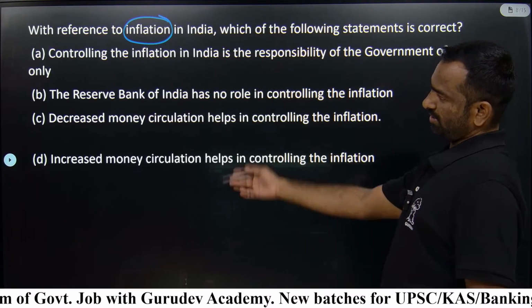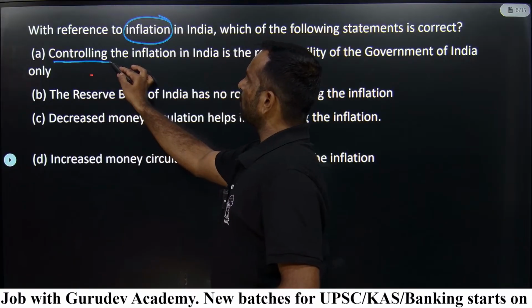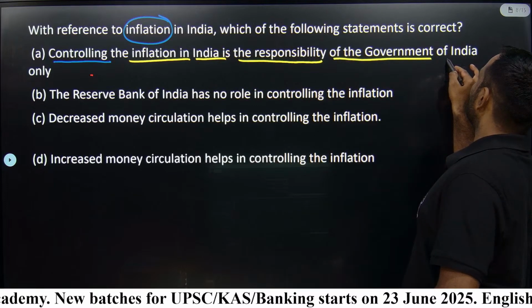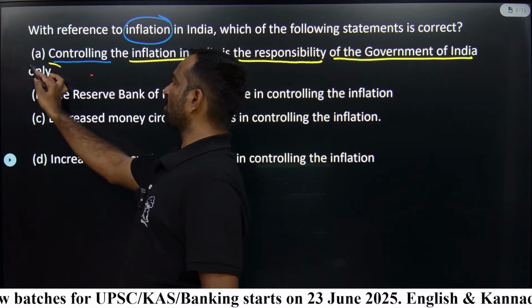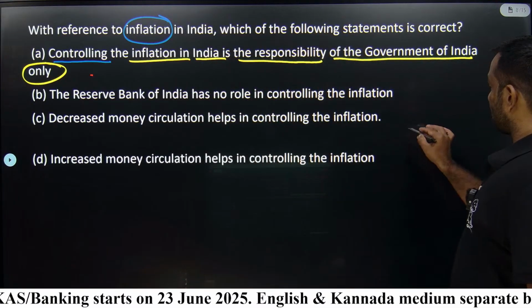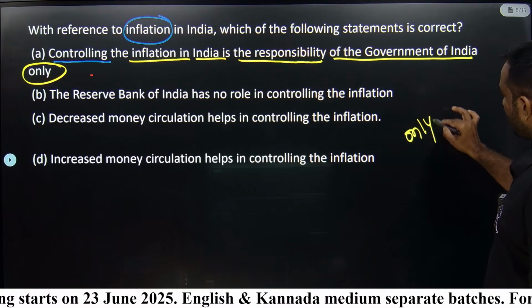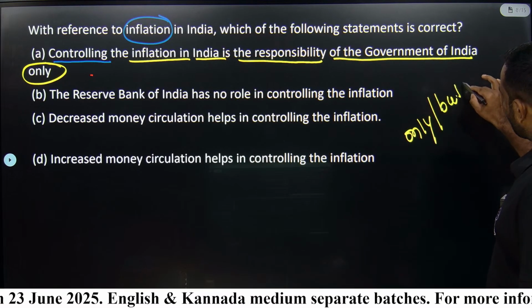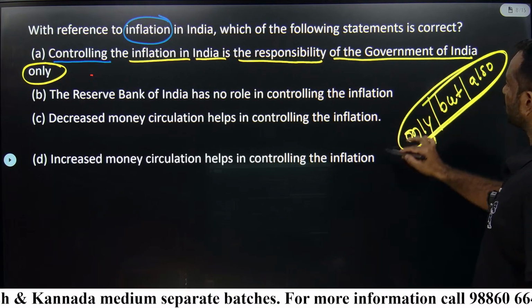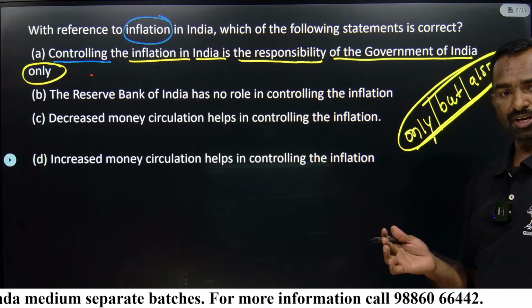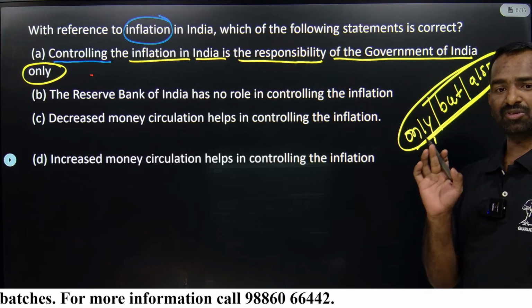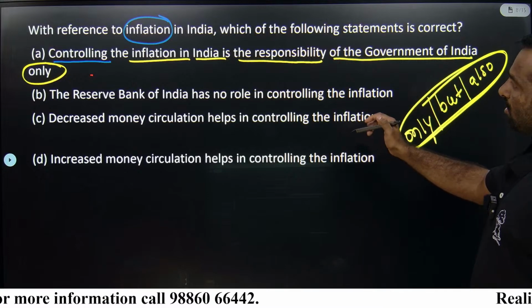And the statements are there. Controlling inflation in India is the responsibility of the government of India only. See the term only. Whenever you come across terms like only, but, and also in questions, you have to think once again; there is something there.